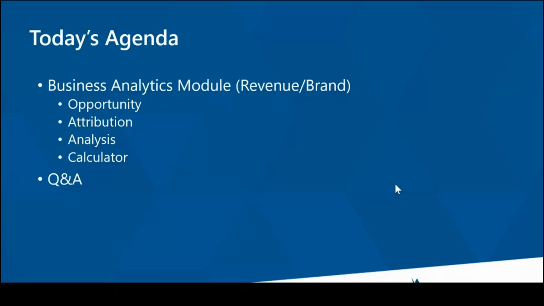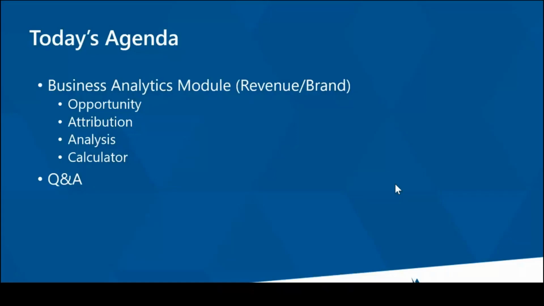I will say that the pages operate almost identically. The only difference is instead of sales, it's going to be brand revenue. So you can assign a dollar amount to a brand conversion, and that would act the same as sales.